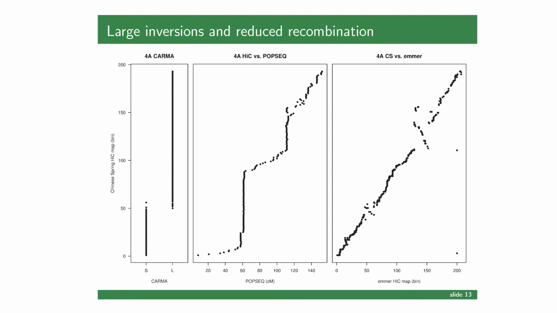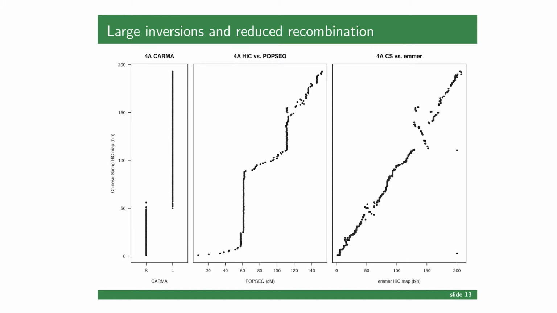What is also interesting is that with this data, we can look at translocations or regions of suppressed recombination. This is an example for chromosome 4A. We see here the pericentromeric region that we expect on each chromosome, but then we see another very large region where we don't see any recombination, where we have a single genetic bin that is resolved in the Hi-C map.